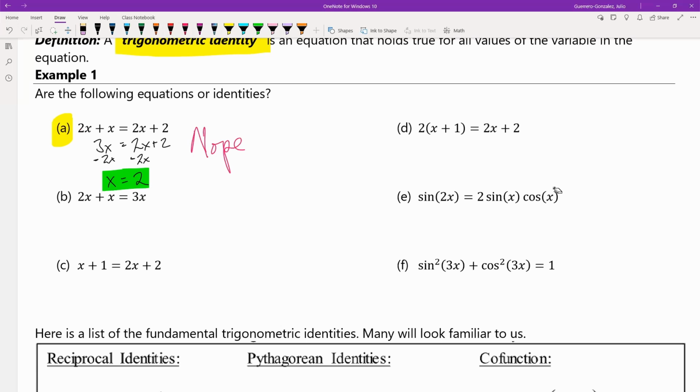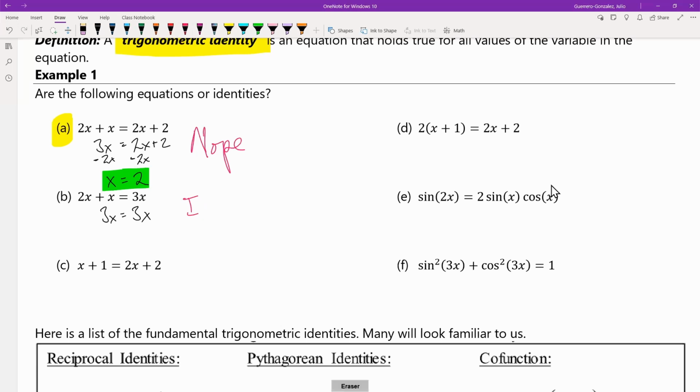The next one down, if we do the same thing on this left-hand side, we get 3x is equal to 3x. Notice that it doesn't matter what I plug in to x, the left-hand side is always going to be equal to the right-hand side. So this is an identity.